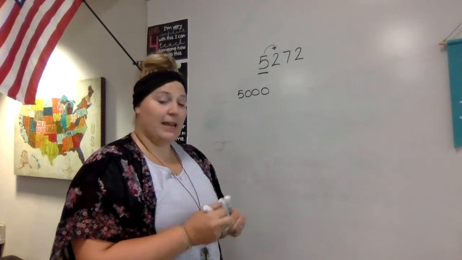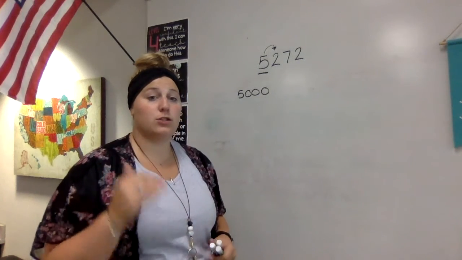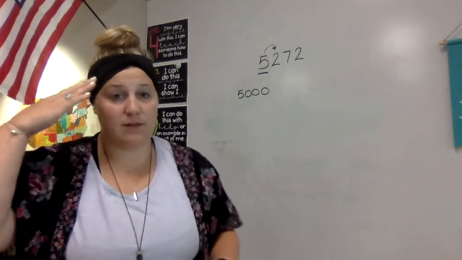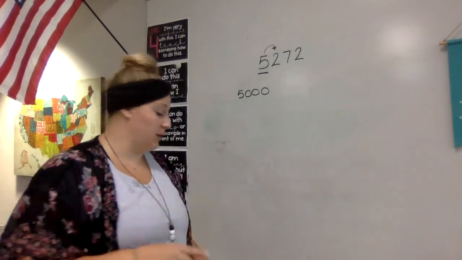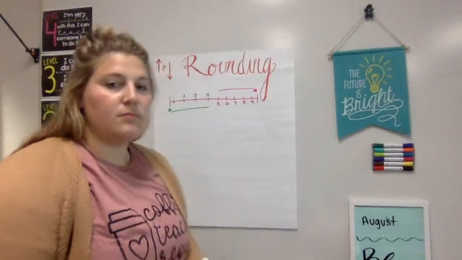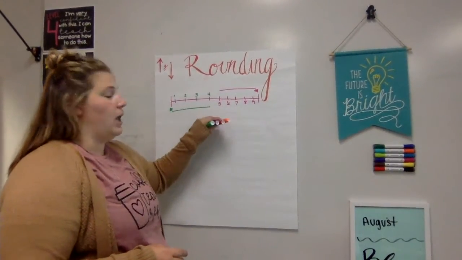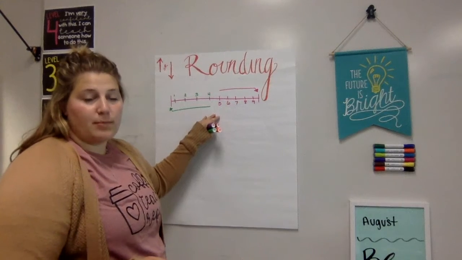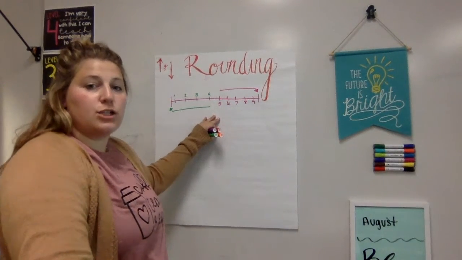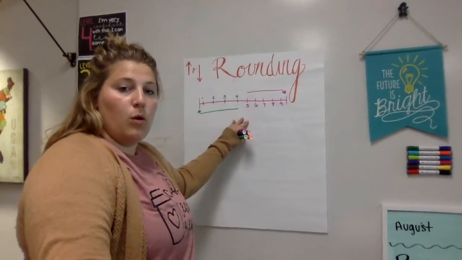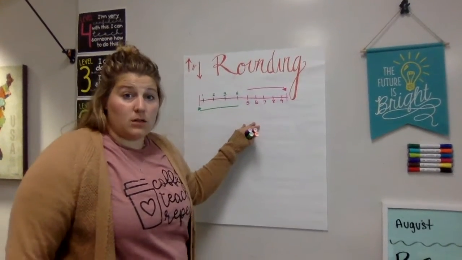We're going to build an anchor chart together to get some things visually to stick in our brain. So on the anchor chart, I have a visual representation to show you what we've already talked about.